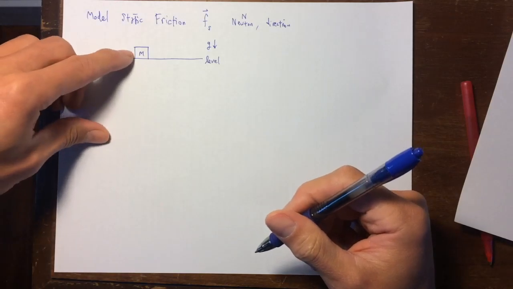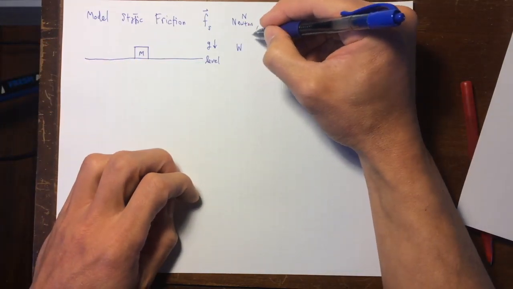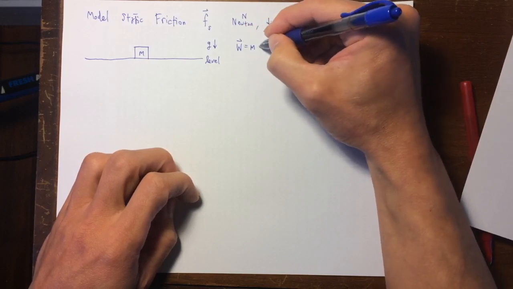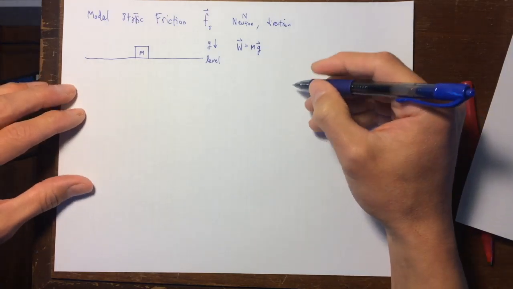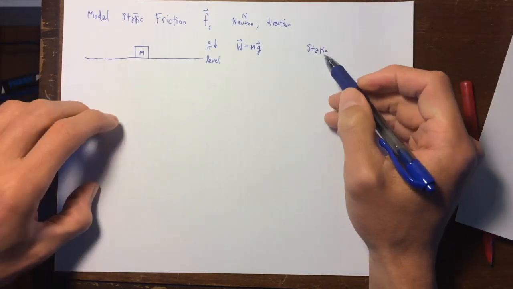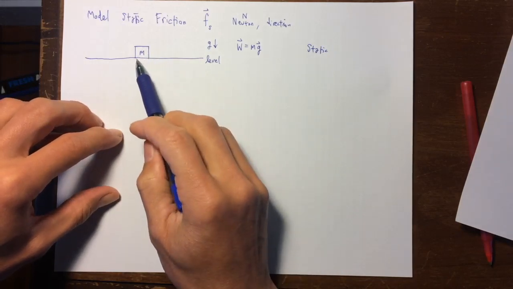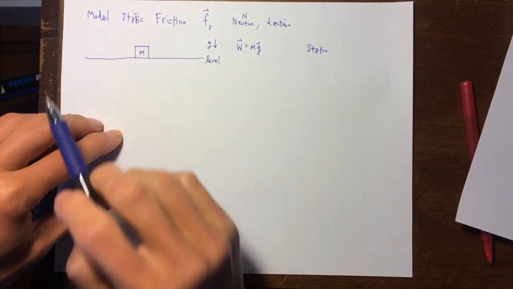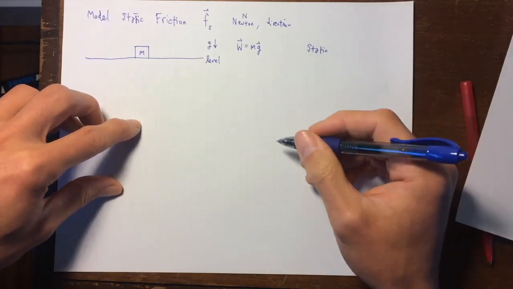This massive object M has a weight, and that weight is equal to m times g. Okay, so what's meant by static is this object is stuck to the ground by some temporary weld or something like that.